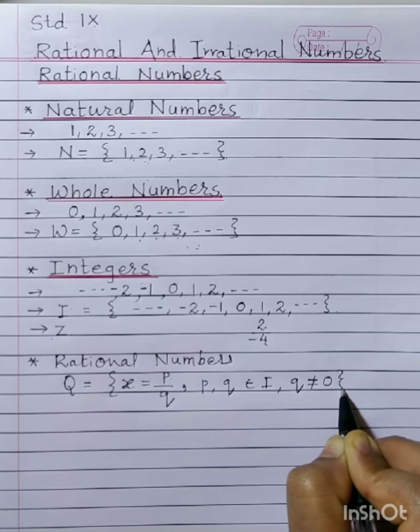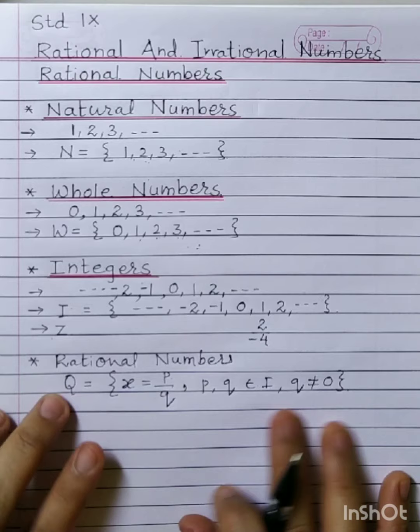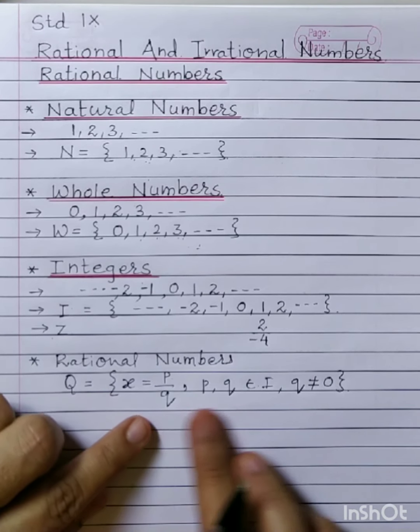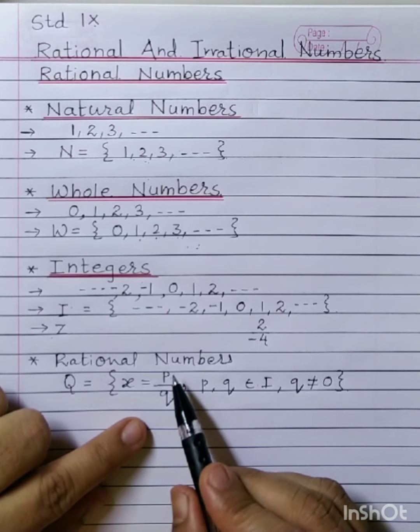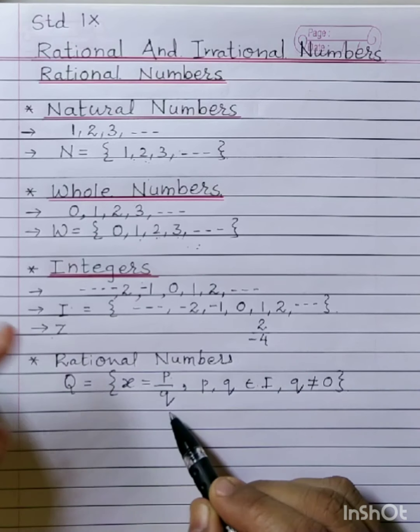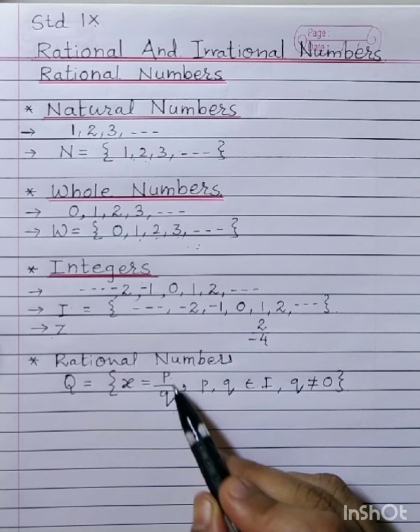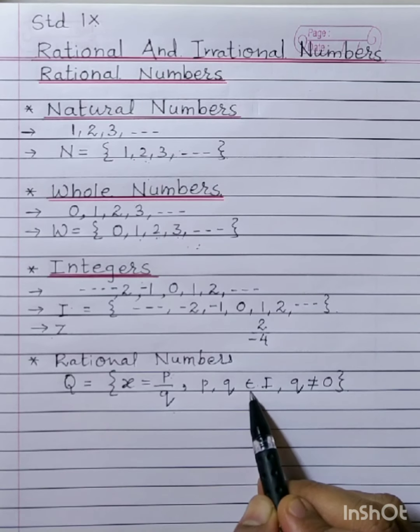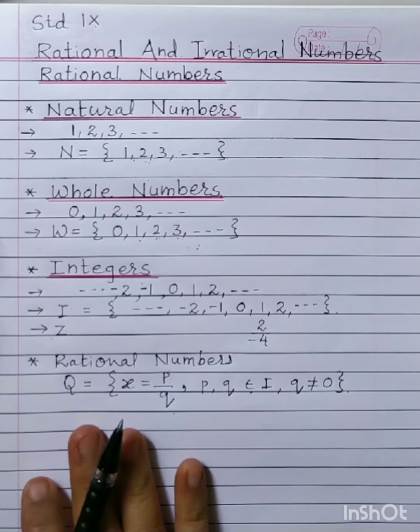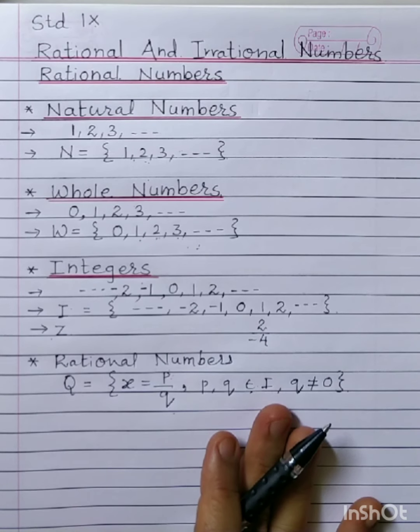You know that division by 0 is not permitted, hence we have to be very specific that q cannot be 0. So all the numbers which can be written in the form p upon q, which you can call a fraction form, where p and q both are integers, are known as rational numbers.